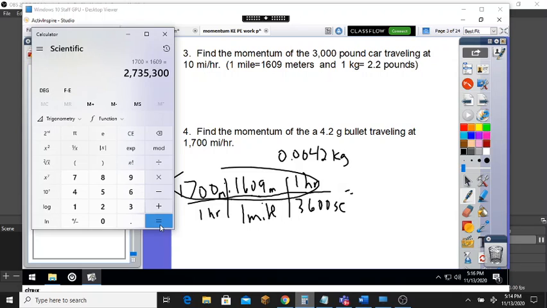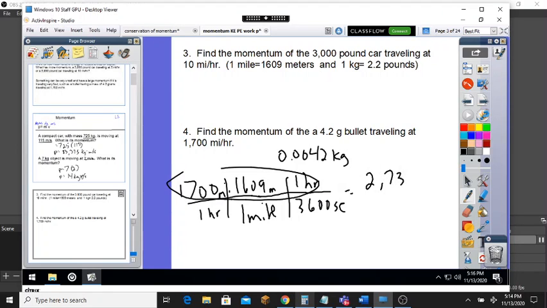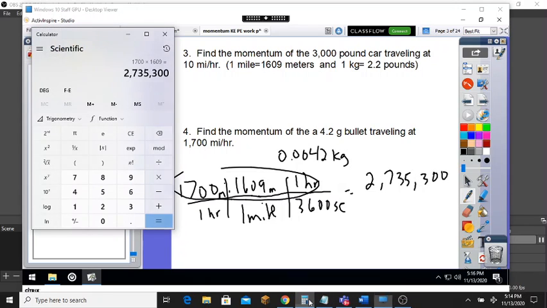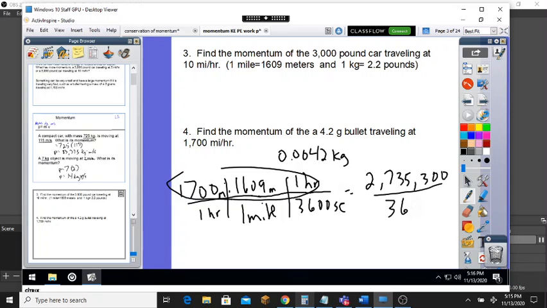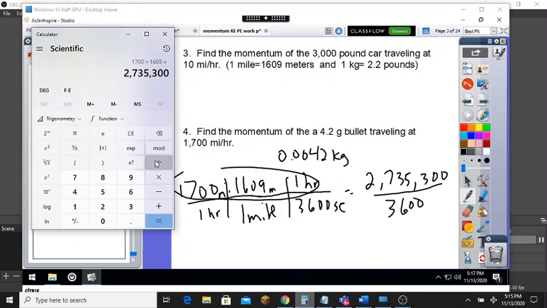And that gives me 2,735,300. And we're going to divide that by 3,600. Divided by 3,600, 759.